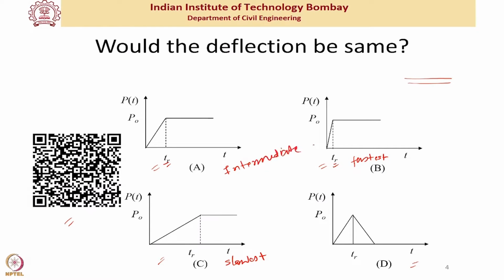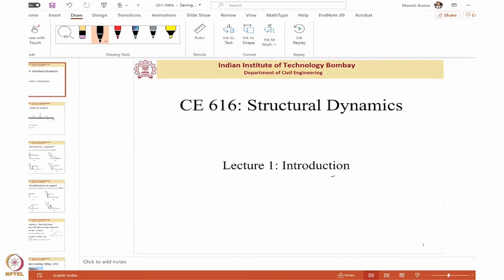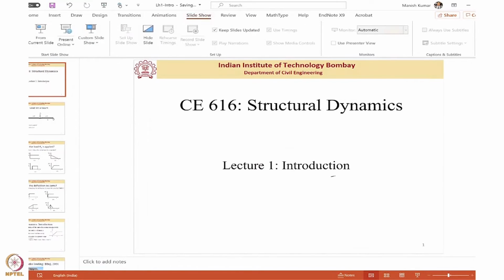Okay, now I can simply discard this fourth option, because this would never produce a value of a deflection that is equal to P naught L cube by 48 EI. So the competition is between these three options here.